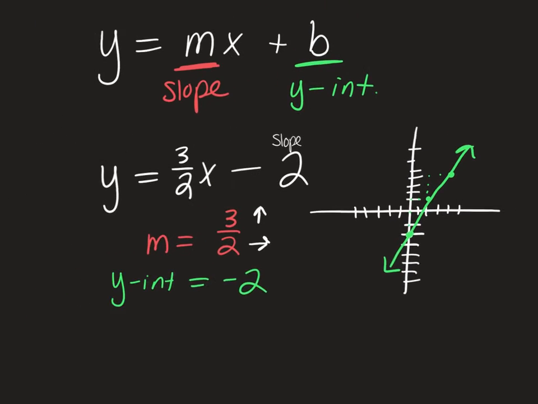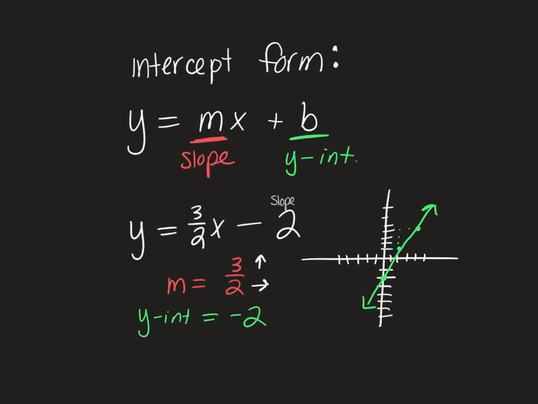Okay. It's a little too easy if I just give it to you in slope-intercept form. Sometimes you have to put it in slope-intercept form before you can pull the numbers from it.